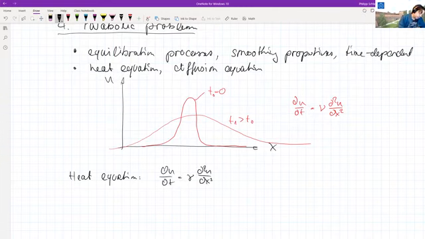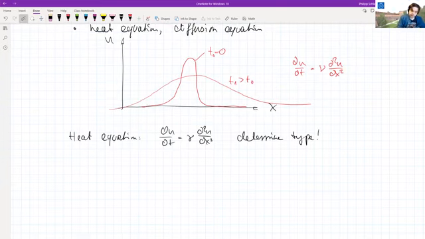And now we would like to determine the type of this equation. As I was saying, most probably it will be parabolic. Everything else would be a surprise.